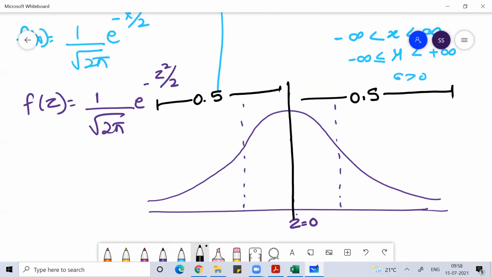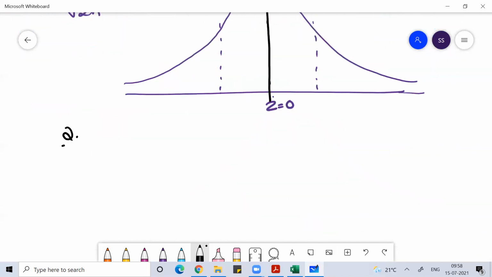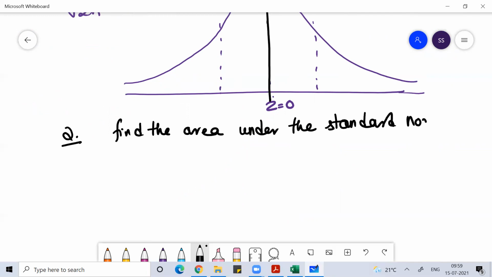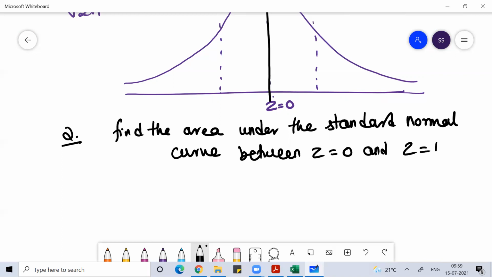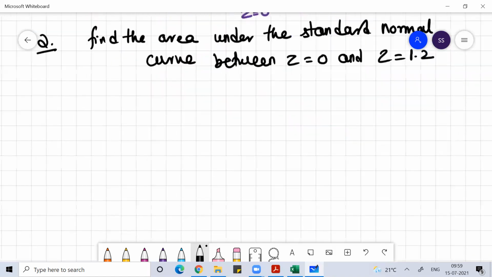Okay, so imagine if I ask you to find the area under the standard normal distribution curve between z equal to 0 and z equal to 1.2.